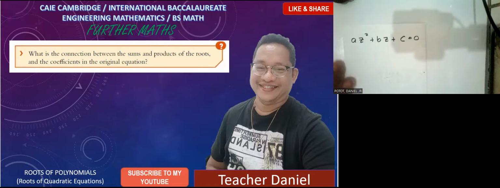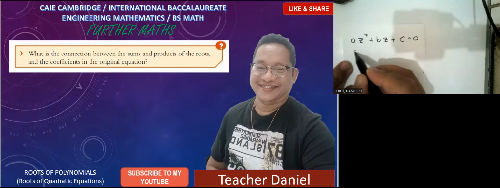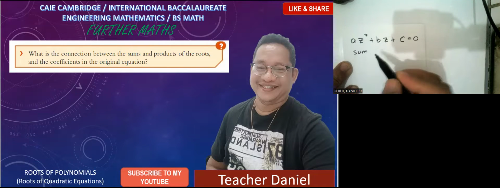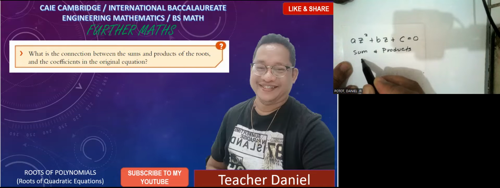For us to be able to analyze, take note, we are looking into the relationship between the sum and products of the roots and the equation of the polynomial. That's precisely what we are looking for.